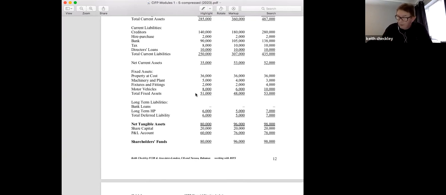I'm prejudging, but if when we work out year 2 and year 3 this stock turnover gets slower, in other words it's more days and then more days, that's a red warning flag, because it indicates that the stock isn't being sold as quickly as before. So in that case, we definitely would want to make a site visit to have a look at the stock.